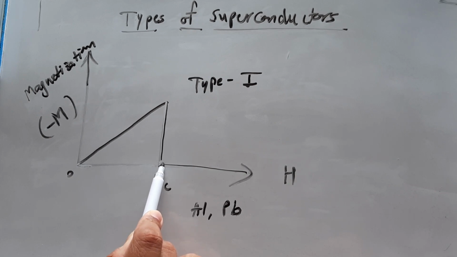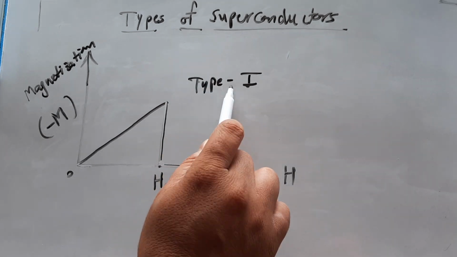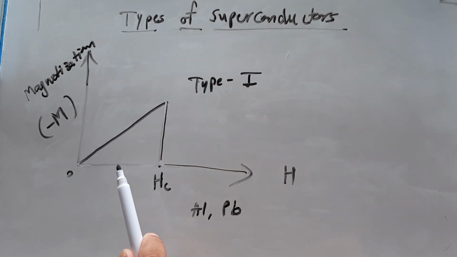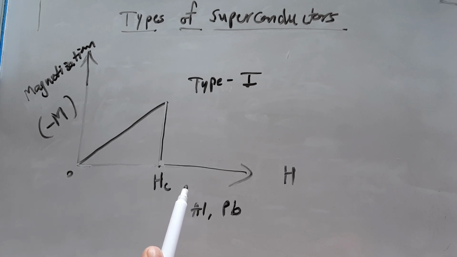So for industrial purposes, typically this type of superconductor destroys its superconductivity at very low value of Hc. That's why they are not useful for industrial purposes. So just write down this.